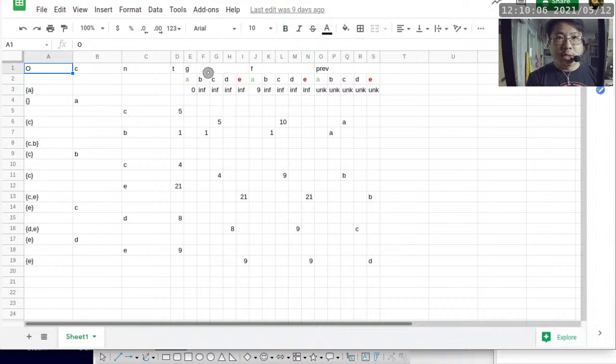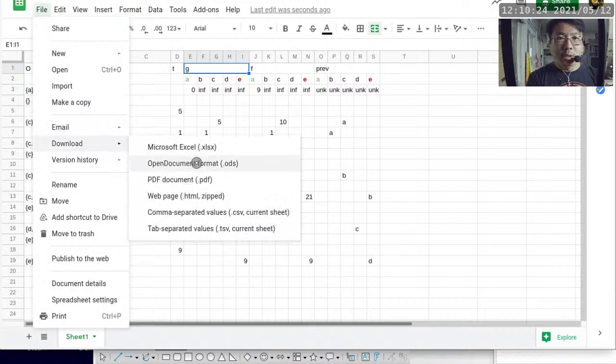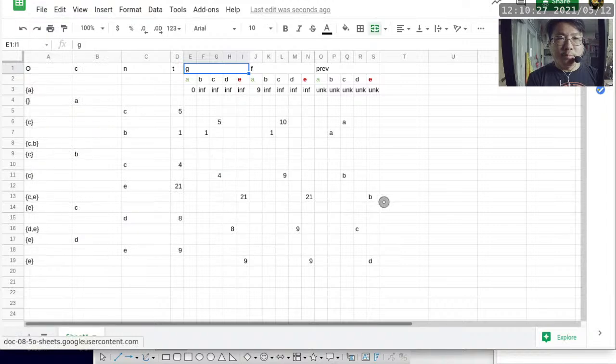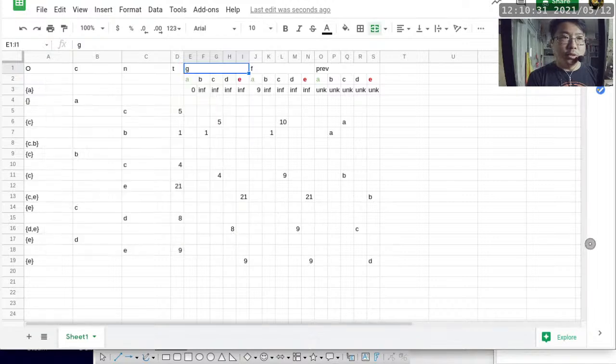It has function G, function F, and prev, as opposed to the Dijkstra one, which does not have these specific functions or columns. So the first thing, I'm going to work on this using a local spreadsheet. So I'm going to download the file first and then open it in LibreOffice. The trace that you're going to do is actually fairly short, not even as long as the one that you see over here.